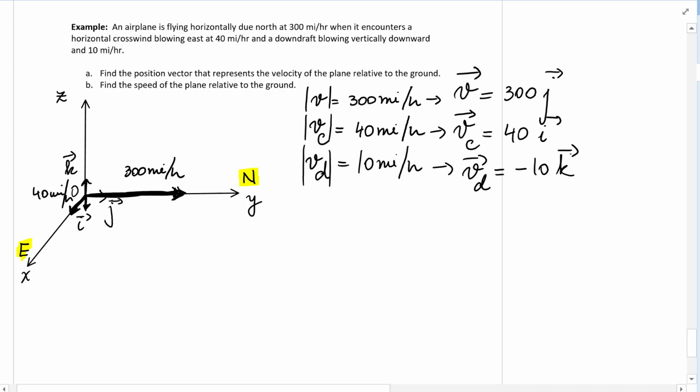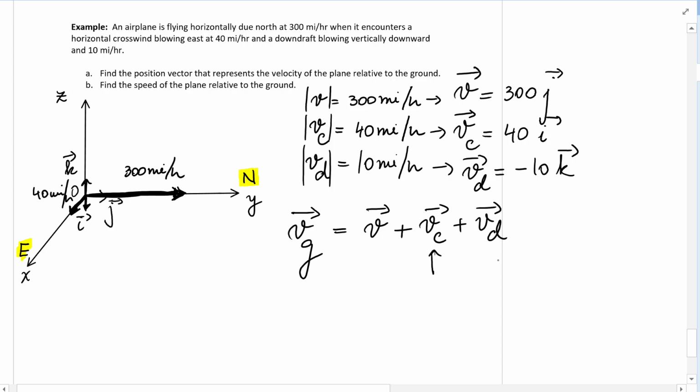So v, the velocity of the plane relative to the ground, would be v, the velocity that it's flying horizontally, plus VC plus VD.